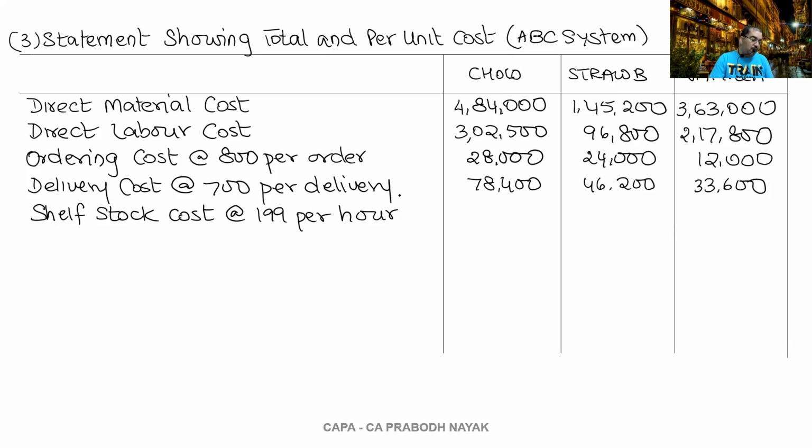So 199 into 130, 25,870. 199 into 150, 29,850. And 199 into 160, 31,840.